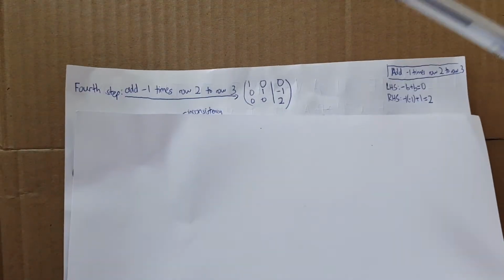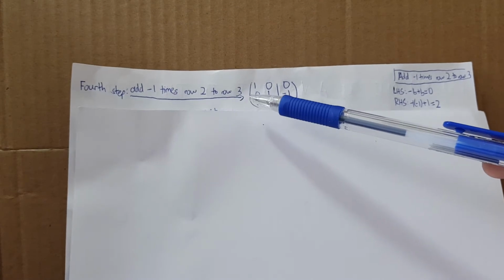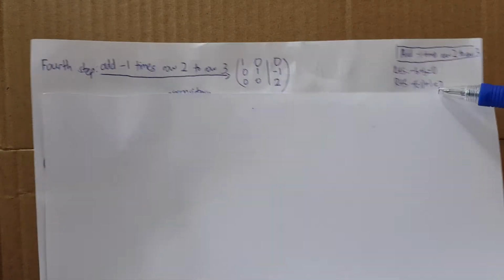After that, you add minus 1 times row 2 to row 3. Why? You want to eliminate the b variable. The working is shown over here.